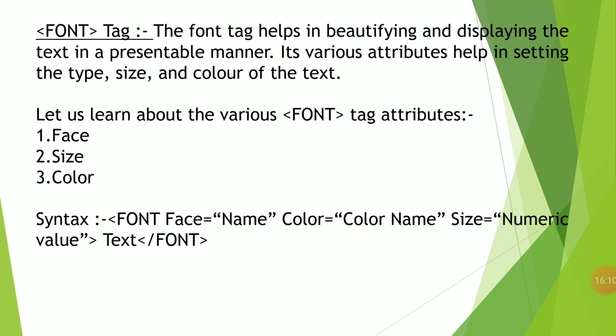How we use the syntax I have mentioned here. You need to start the font tag. Next you assign the face value, color value and size, at what size you want your text to be displayed. All that you need to specify, and after that you need to close the font tag.